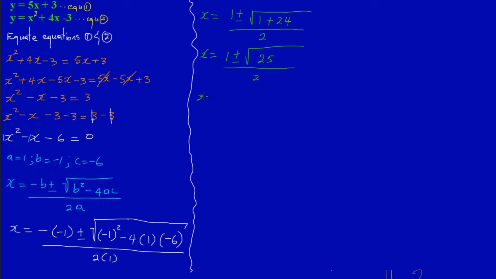So really x is equal to 1 plus or minus the square root of 25, which is 5, and that is all over 2.